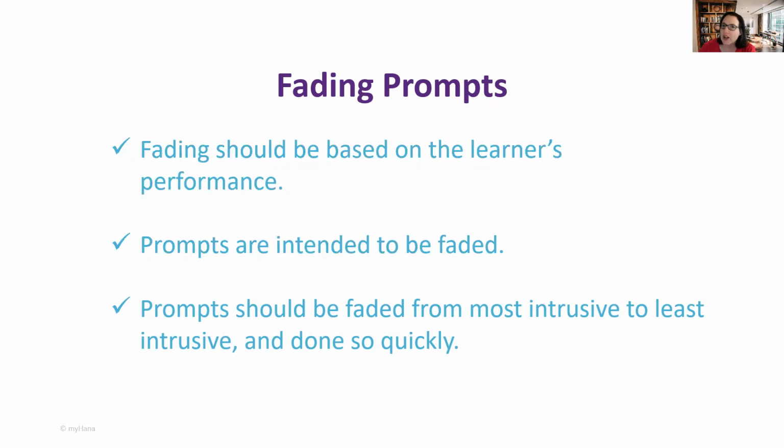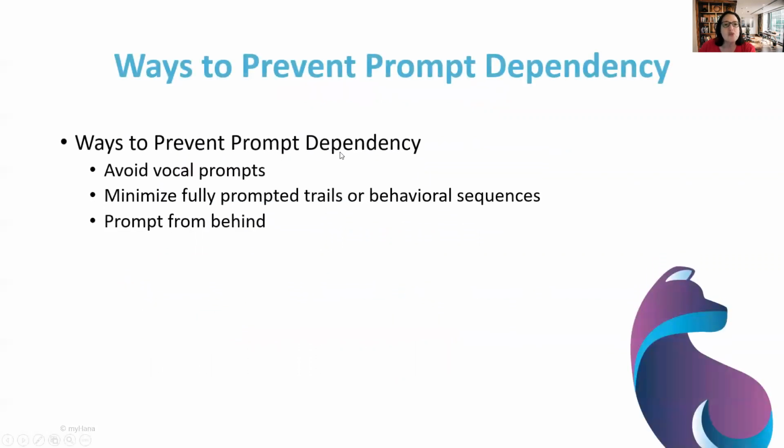But if that's not working, try to be comfortable returning to a previous prompt as needed, so that if the child's making a lot of errors, you back down and help them learn the steps. Ways to prevent prompt dependency include avoiding vocal prompts, minimizing fully prompted trials, and prompting from behind.